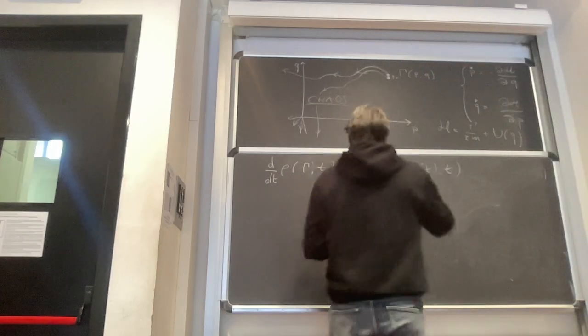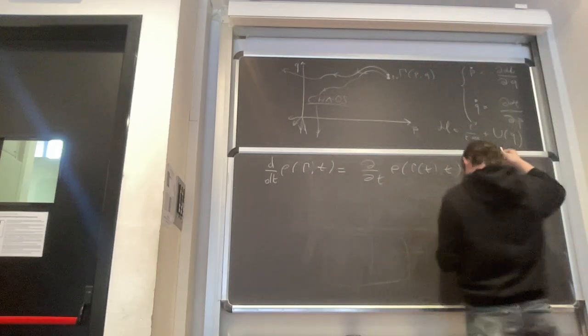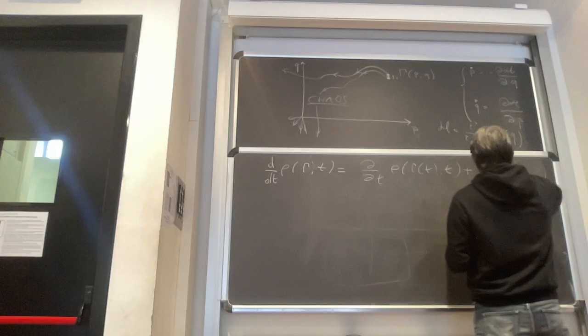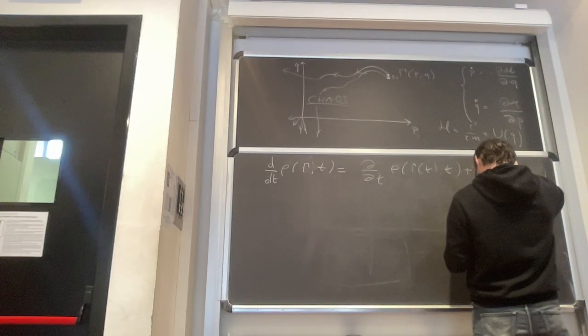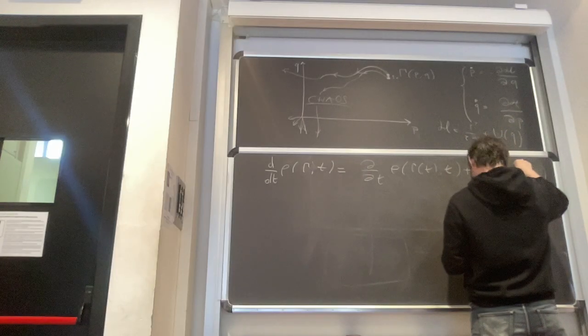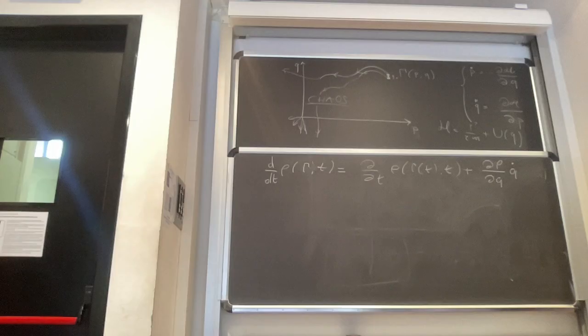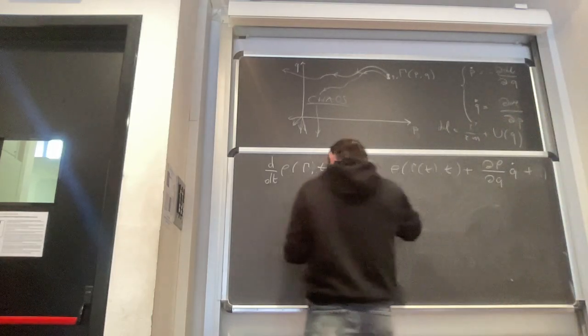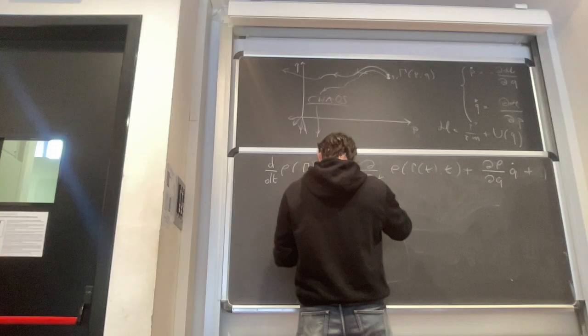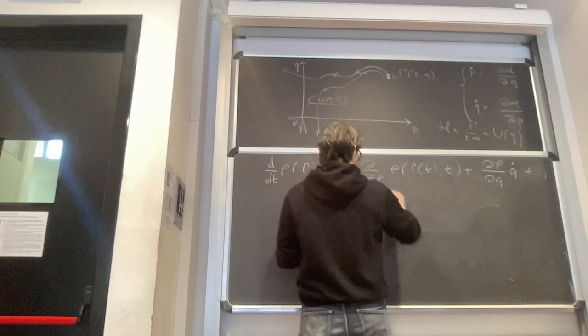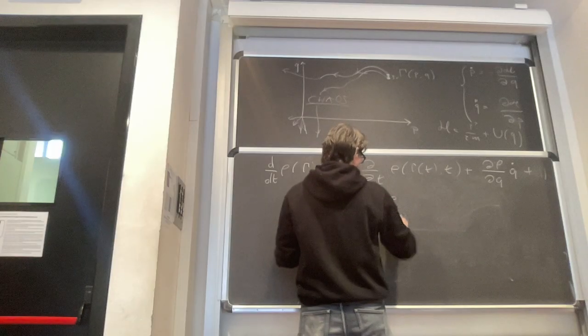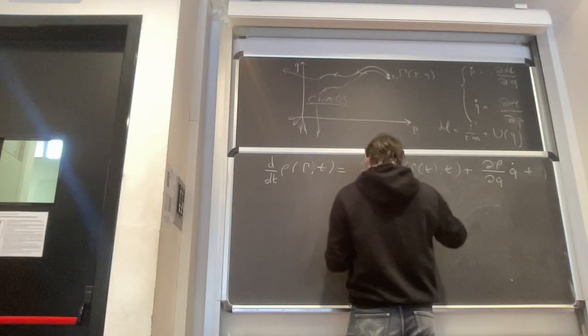It's not a dependence on time through the evolution of the particles, right? Plus, I have my chain rule, and I will again use the one-dimensional notation: d rho by dq, dq by dt, q dot, plus d rho by dp, p dot.